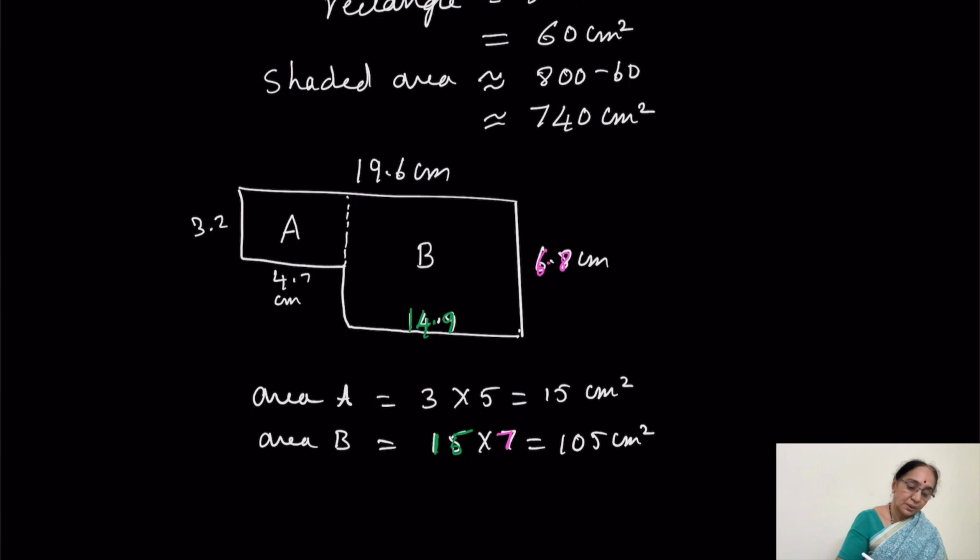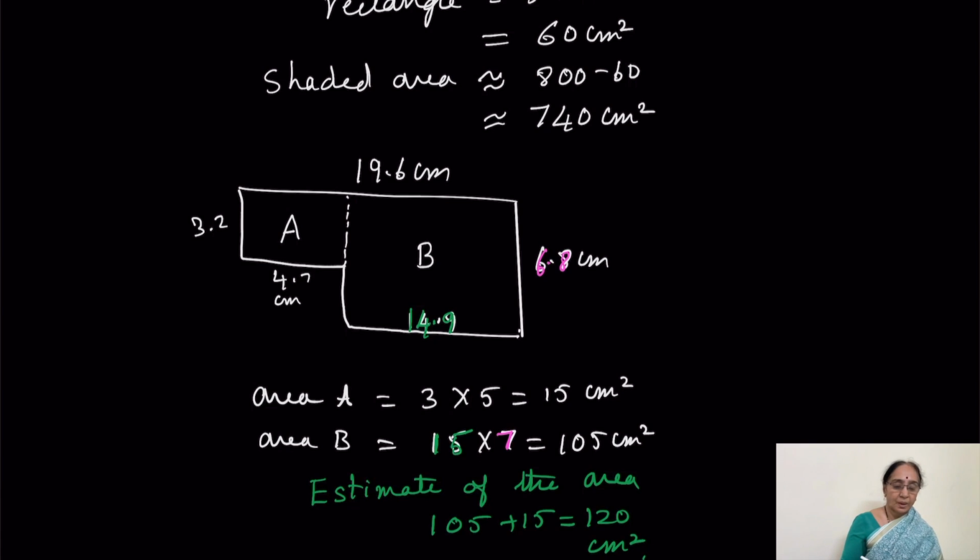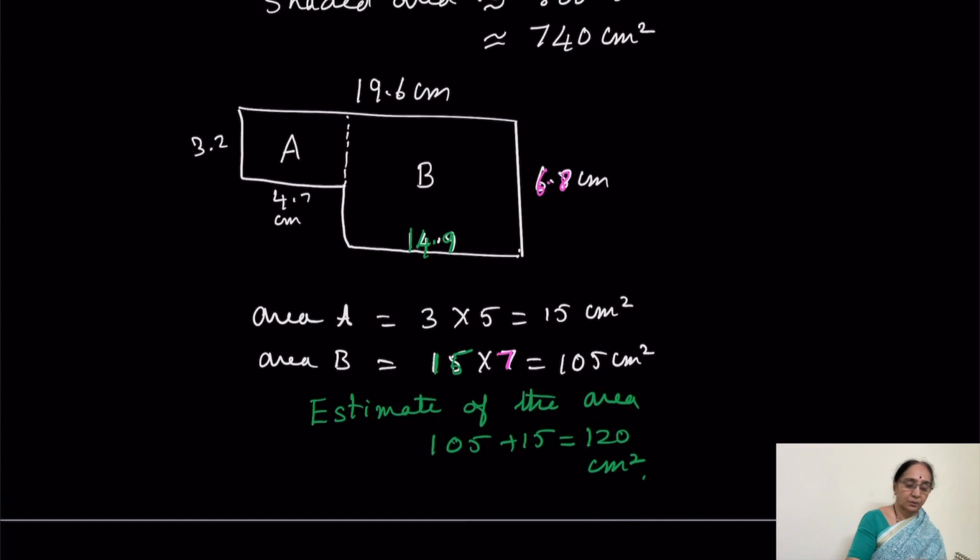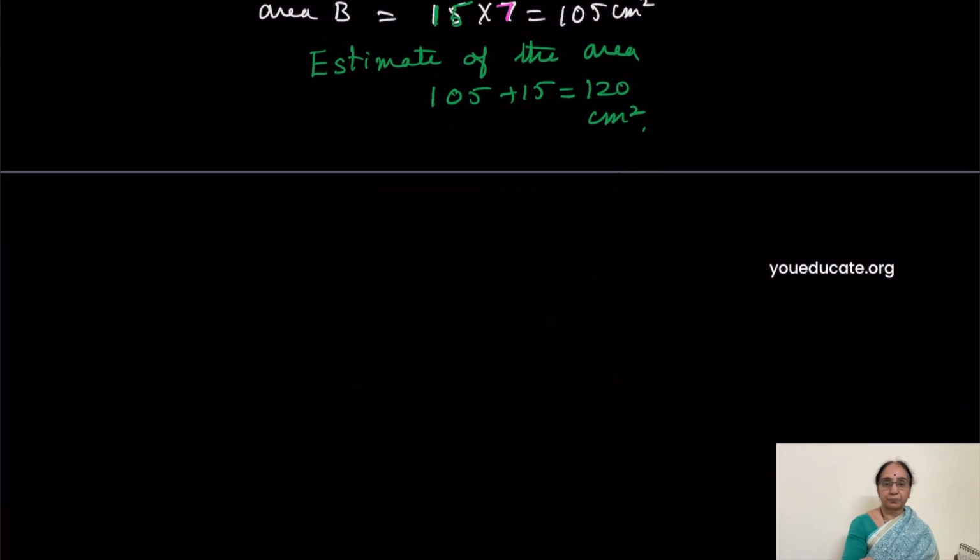So that was 105. So the estimate of the area is 105 plus 15, 120 centimeters squared. You can do the actual calculation with your calculator, or you can take your time and multiply.